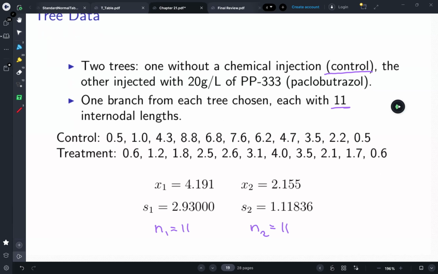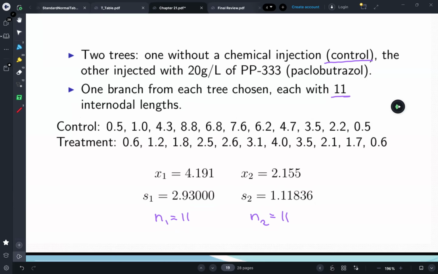And if you add them all up, divide by 11, you'll get for the control, x̄1 = 4.191 as the average length. And for x̄2, 2.155. And then you could calculate the standard deviation for each population. Remember that? That's way back from chapter 2. So you could do that for each, but it's given to us to save time.